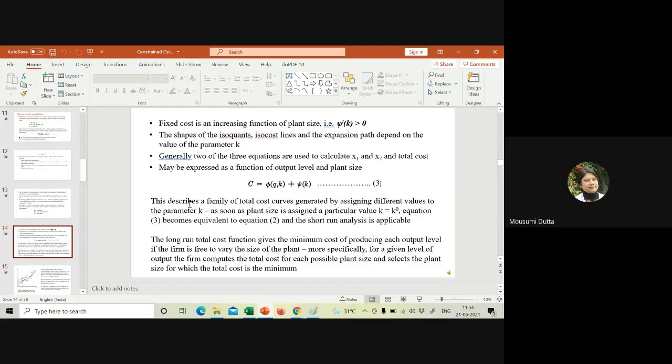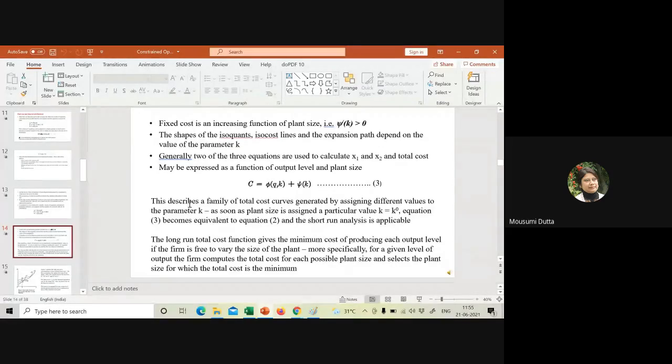The long run total cost function gives the minimum cost of producing each output level if the firm is free to vary the size of the plant. More specifically, for a given level of output, the firm computes the total cost for each possible plant size and selects the plant for which the total cost is minimum.